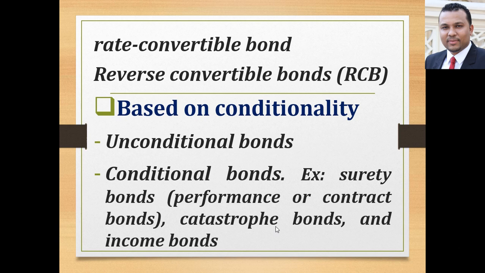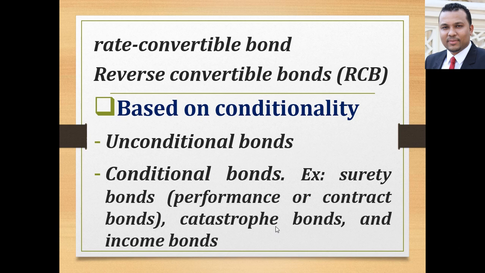But suppose the cost of this disaster is lower than 1 million. Lower than 1 million, so this is the percent. The bondholder can earn some of the principal value, not all of it.